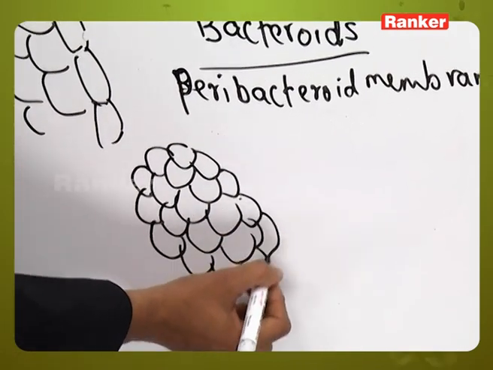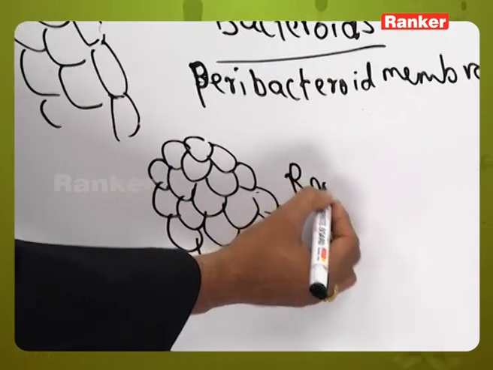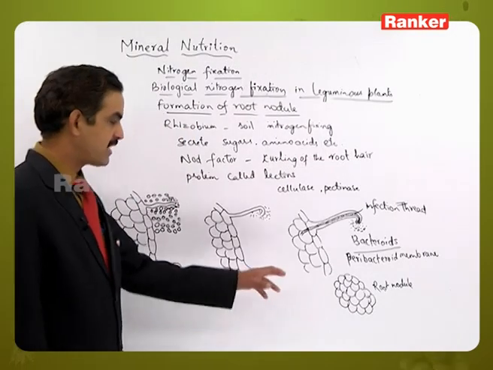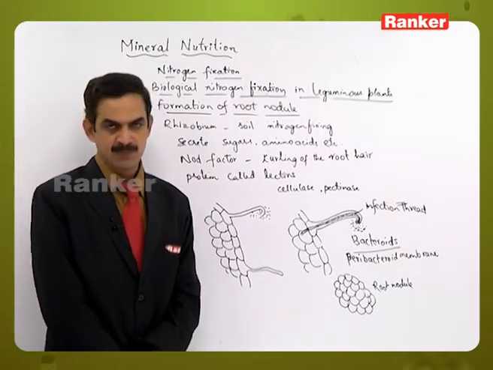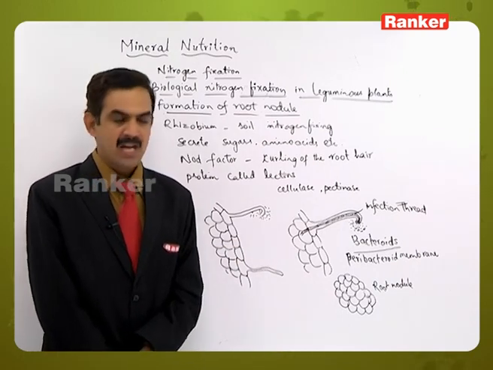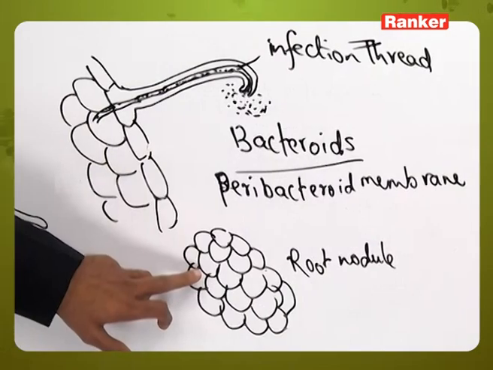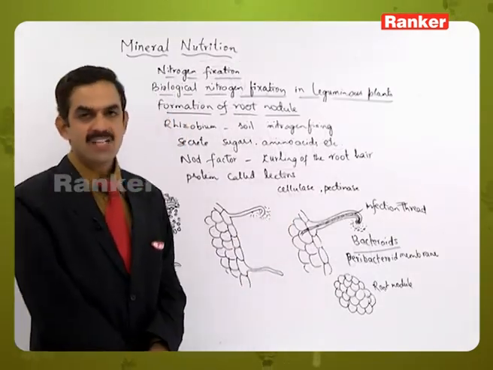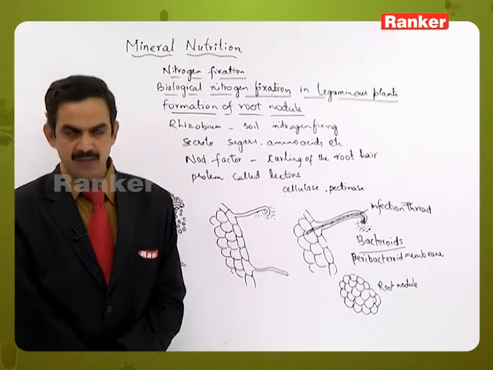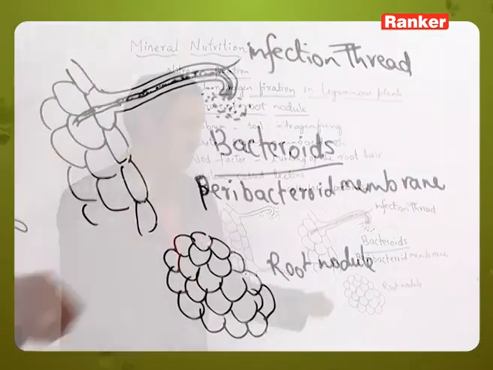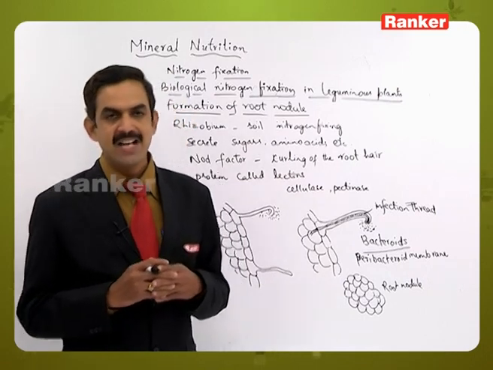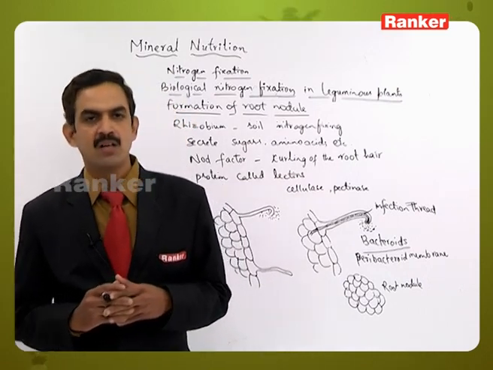This type of structure is called a root nodule, or mature nodule, which is brownish and contains many cells. These are the changes taking place during the formation of the root nodule. The nodule has a connection with the vascular tissue of the root, so the nutrient supply required for the bacteroids inside the root nodule is maintained.